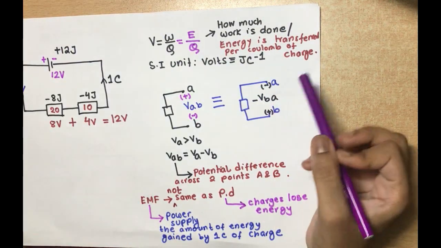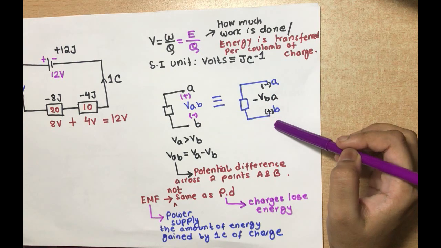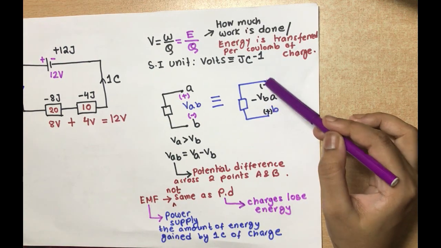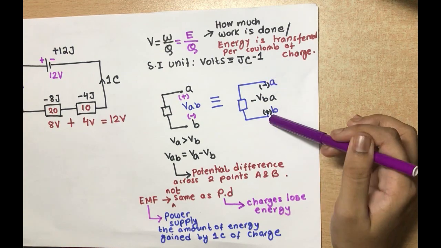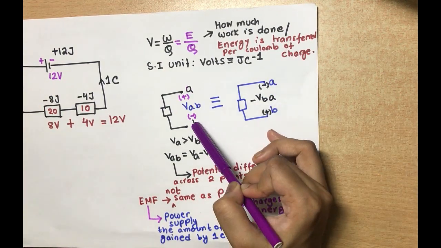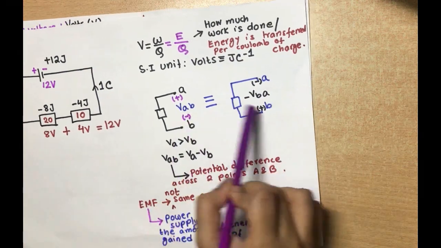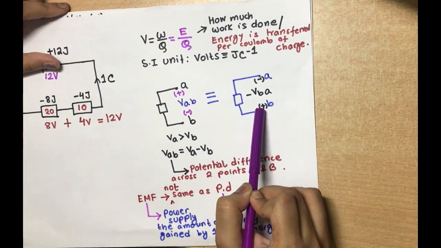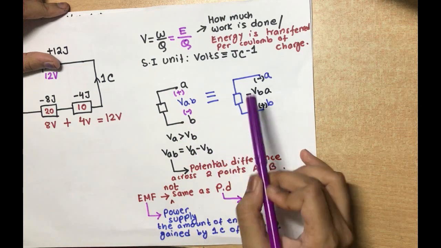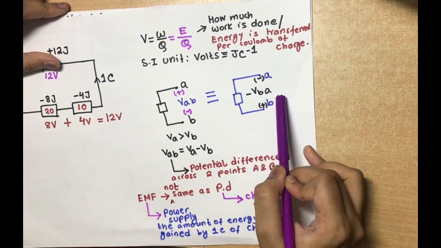Why is it negative? Because our assumption was wrong. We assumed B to be higher potential than point A, but in reality A is at a higher potential than point B. That means these two conditions are equivalent. So we can say that VAB is equivalent to minus VBA.